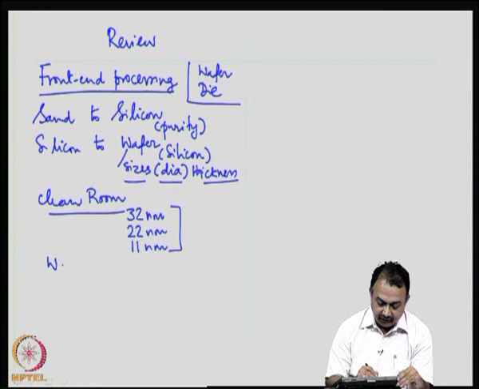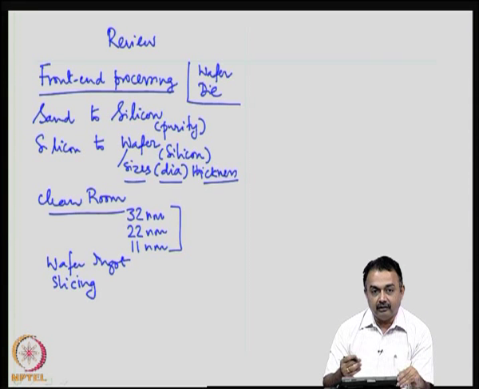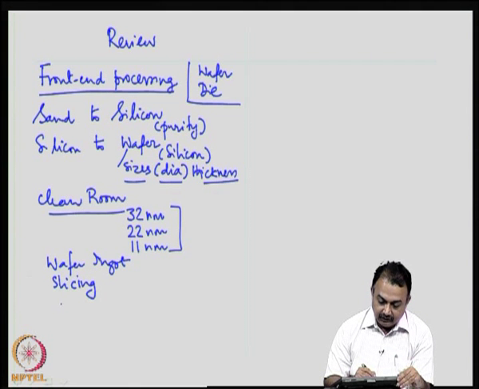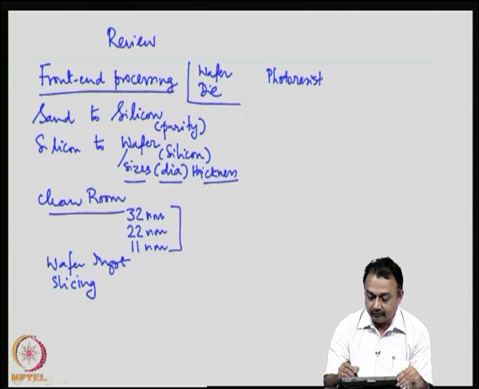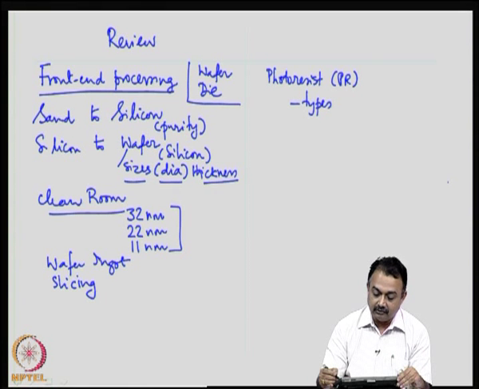Then we saw from the wafer how a wafer ingot is got, then how it is sliced into the required thickness and the diameter specified for that particular process design. Then we talked about various process details, like what is a photoresist. We saw the different types of photoresist: negative, positive, wet, dry, and so on.